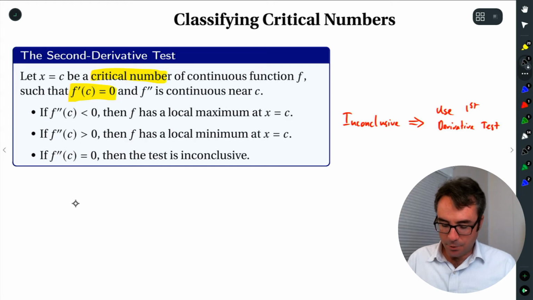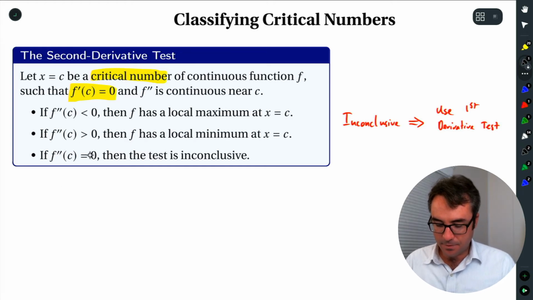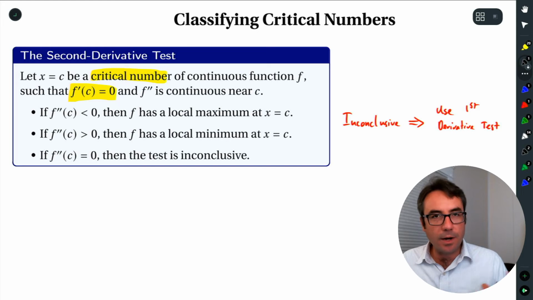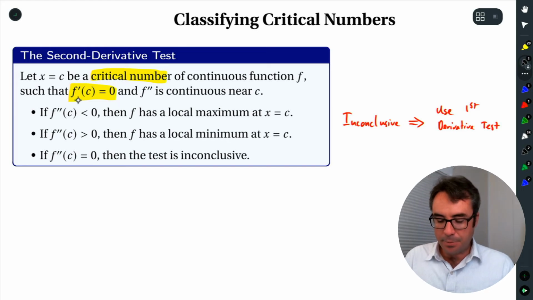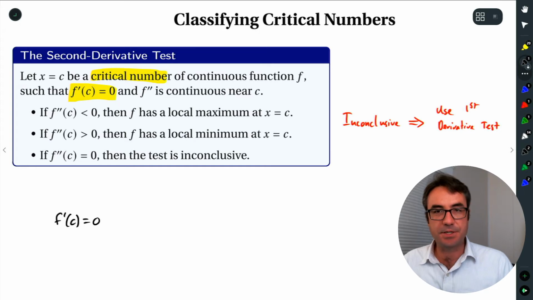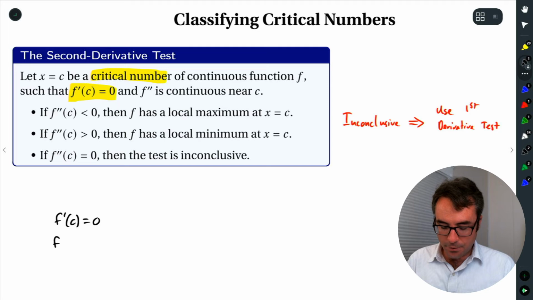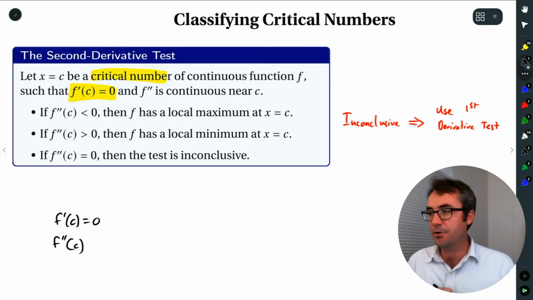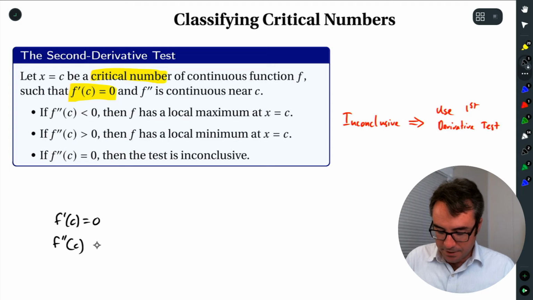Let's suppose we're going along. We don't know what our graph looks like, but we know that f prime of c is equal to 0. We've calculated our second derivative, and we found that the second derivative at c was negative.